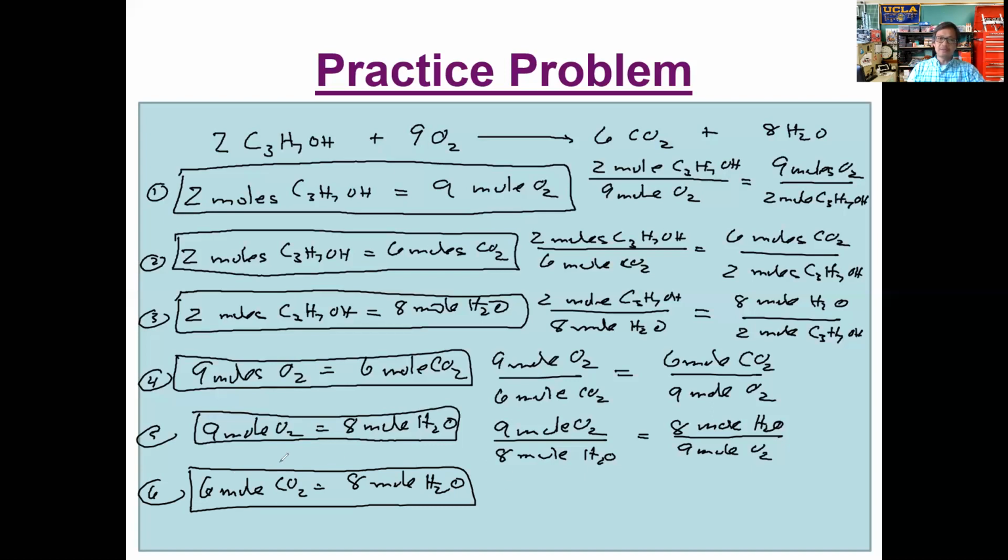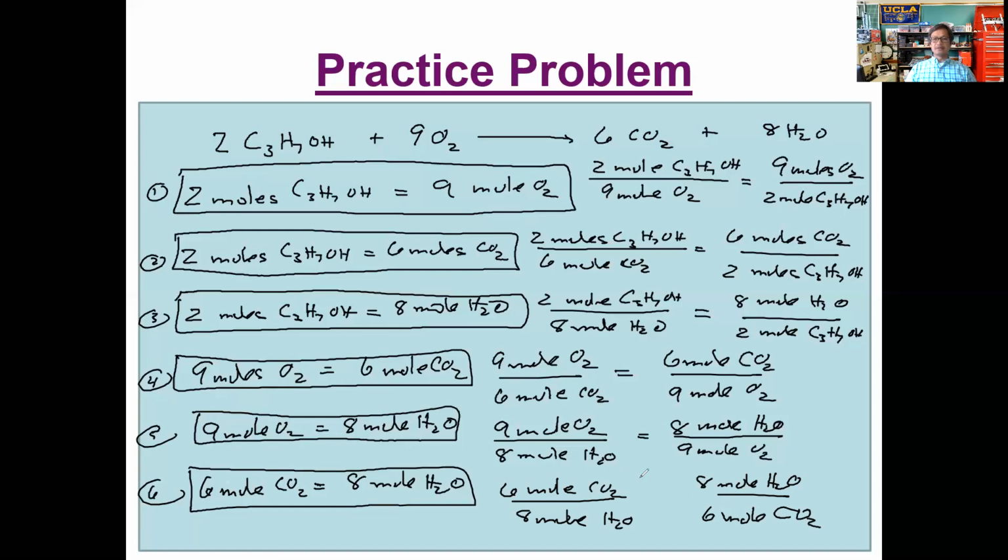Okay, and so based on this equality, we can write out 2 more mole ratios: 6 moles of carbon dioxide over 8 moles of water. Take the reciprocal of those, it'll be 8 moles of water over 6 moles of carbon dioxide.